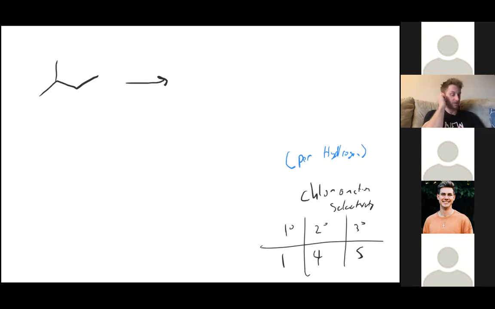There's a couple things we need to take a look at when we're dealing with Cl2 and light. First thing we want to do is identify any centers that are going to be symmetrical. So for instance, this CH3 here and this CH3 here are symmetrical.